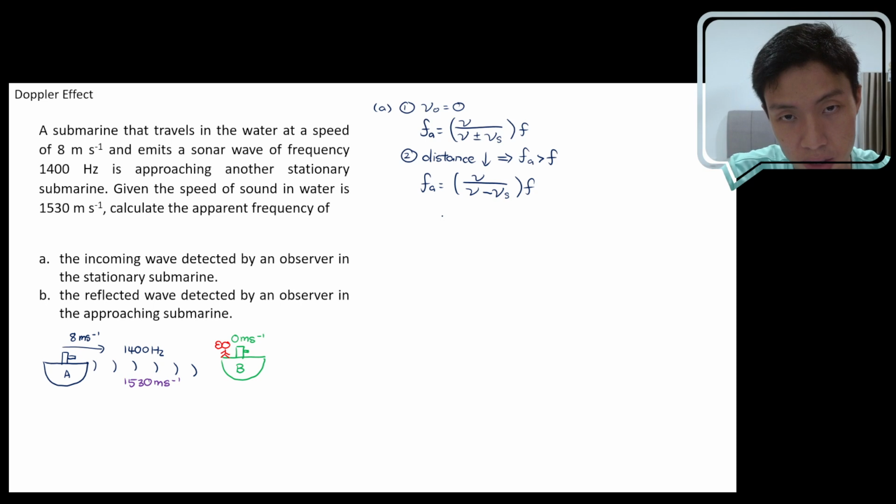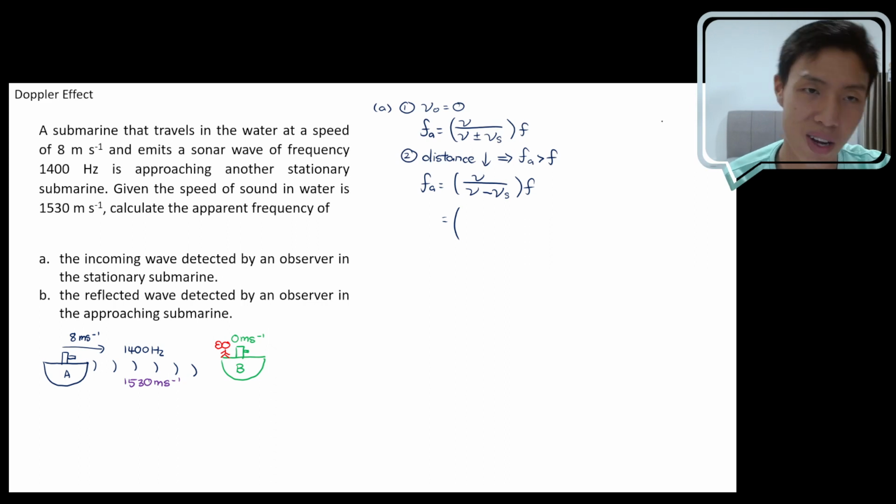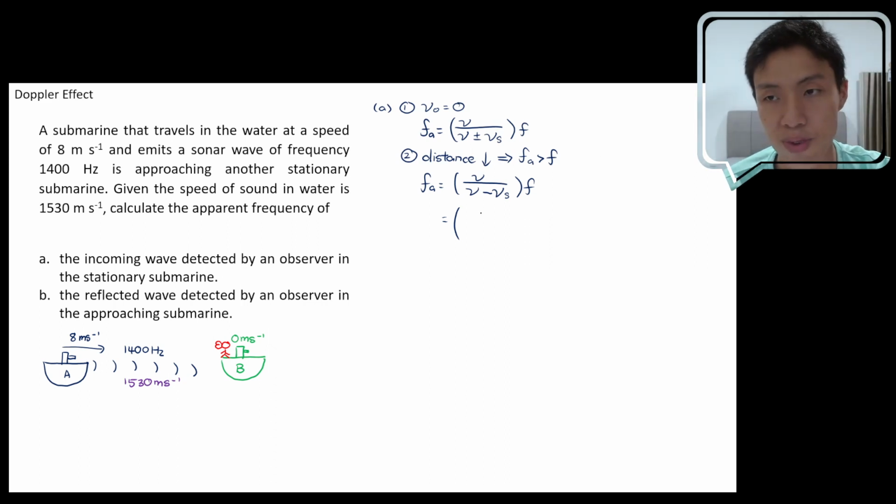So therefore, now you can put in your values. I'll just put in the values straight. The speed of sound in the water is 1530, then the speed of the sound source is 8 meters per second, and the frequency is 1400.